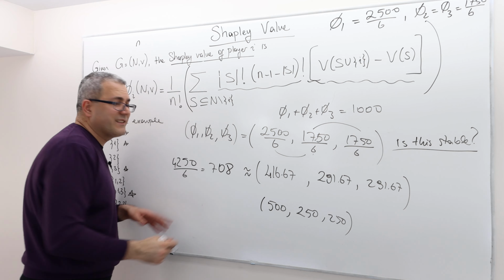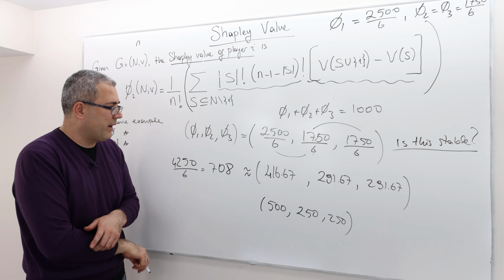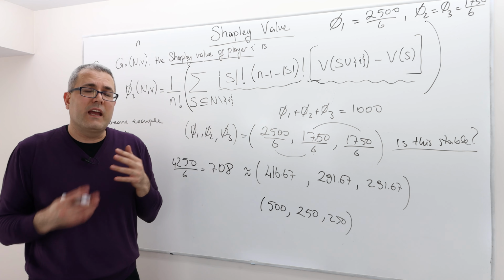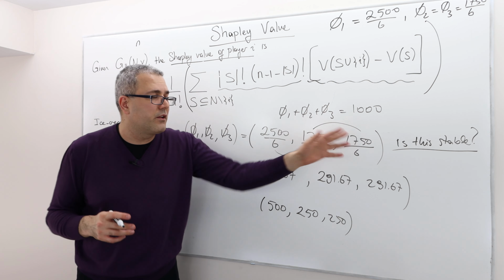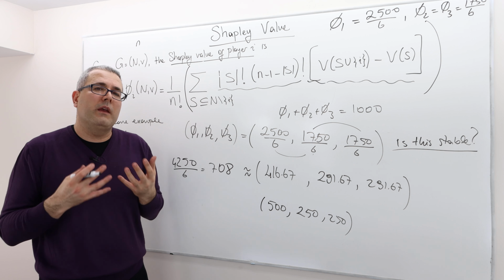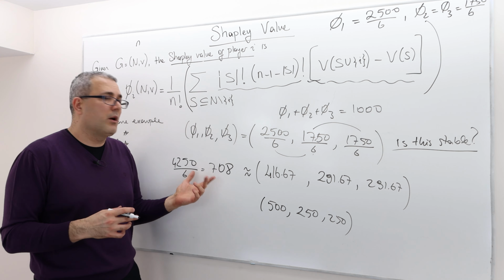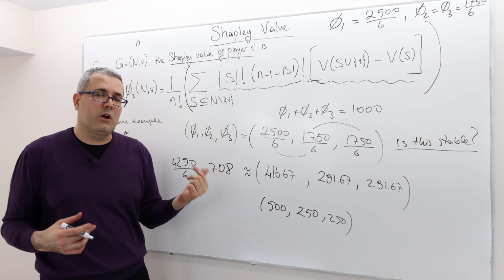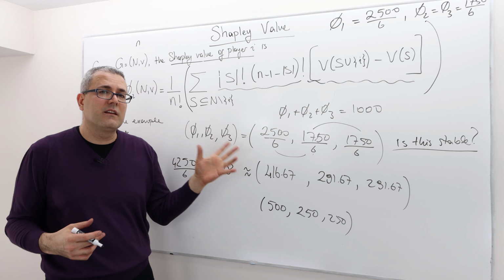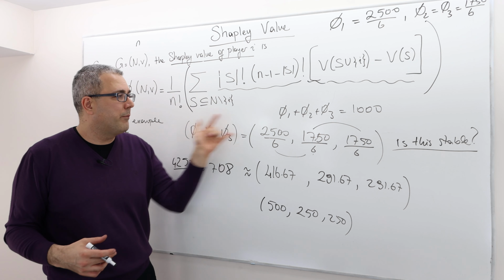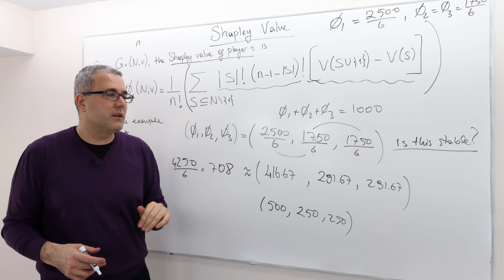So 708 something. So what does that mean? That means these two guys can actually kick the third guy out and form a new coalition, and they can share 750 among themselves rather than sharing 708. So if you check the definition of stability, this allocation, this payoff vector, is not stable.